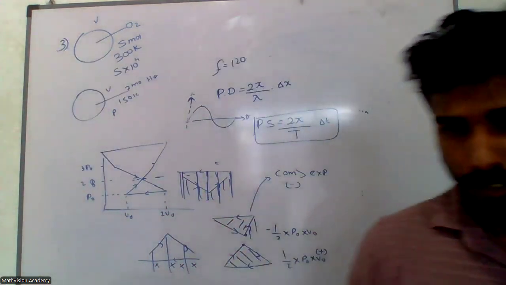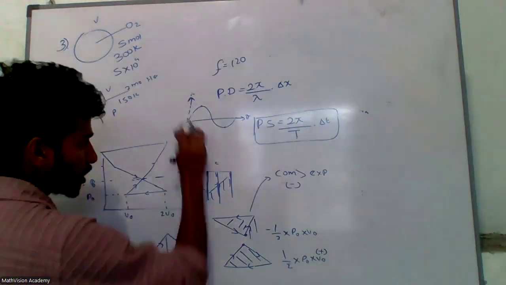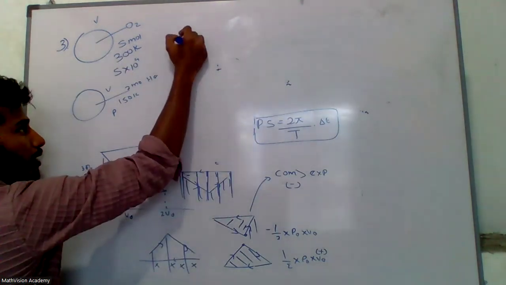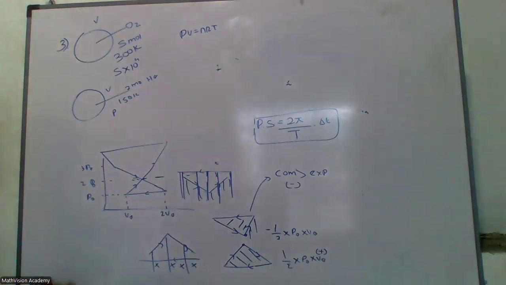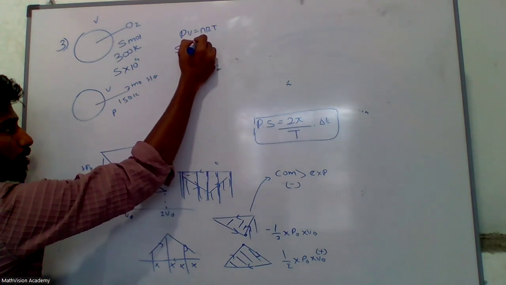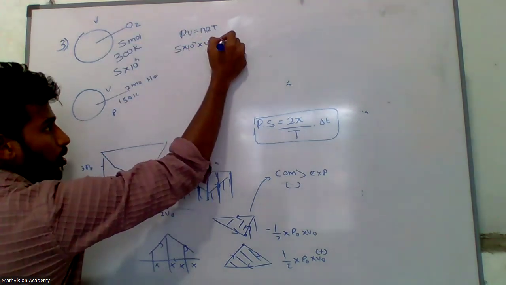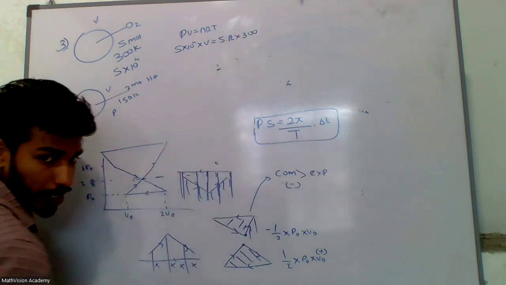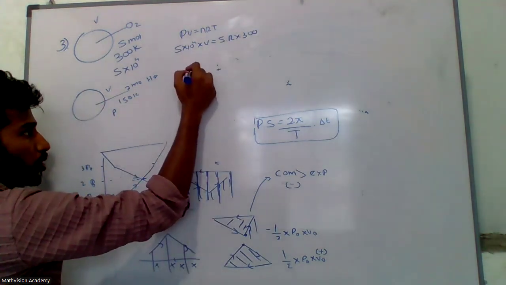pressure. Okay, so let's write our relationship. You can deal with ideal gas laws. You can use PV equals nRT. The pressure is 5 into 10 to the power 4. Volume is V. Number of moles is 5. R into temperature is 300. Okay. And if I write the equation for helium, pressure is unknown.